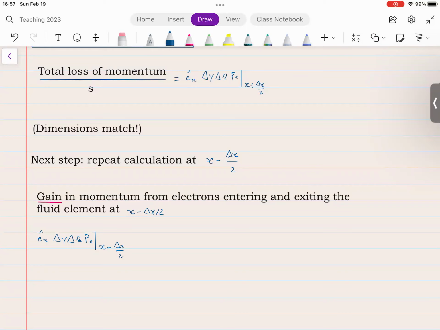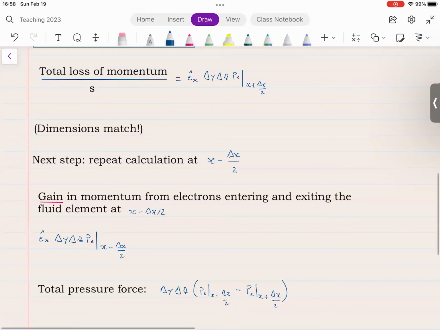Then my total force, which I earlier called the pressure gradient force, but we'll see that we get a gradient in a second, is going to be given by delta y, delta z, I can factor that, times electron pressure at x minus delta x over 2 minus electron pressure at x plus delta x over 2.